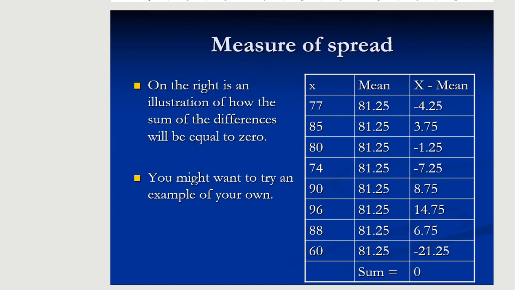And here's an illustration. So here you have 1, 2, 3, 4, 5, 6, 7, 8 observations. The mean, meaning the x bar of these observations, is 81.5. If you calculate the distance of every value to the mean, meaning x minus mean, you're going to get these values.